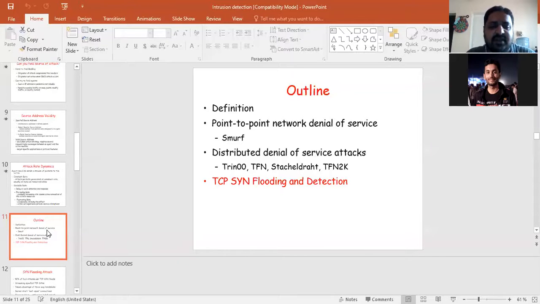Such a type of attack is a point-to-point attack. And when an attacker tries to attack a distributed system, such a type of attack is called a distributed attack. So if you have any question up to now, you can ask.